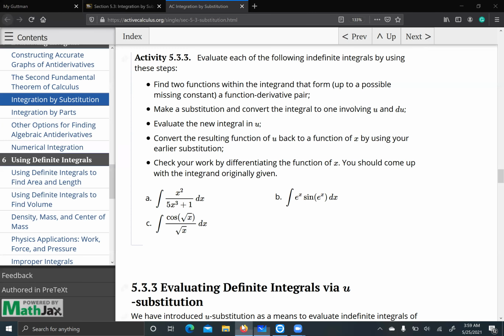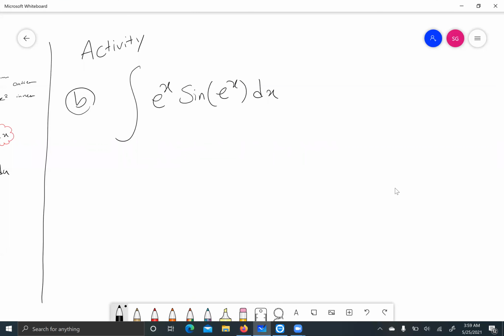right? Okay, so again, here we have e to the x multiplied by sine. Try to understand what's happening here. We have e to the x, that's an exponential function, multiplied by a sine function, that's a trig function. But our trig function is not just a basic one like sine of x, it's sine of e to the x.